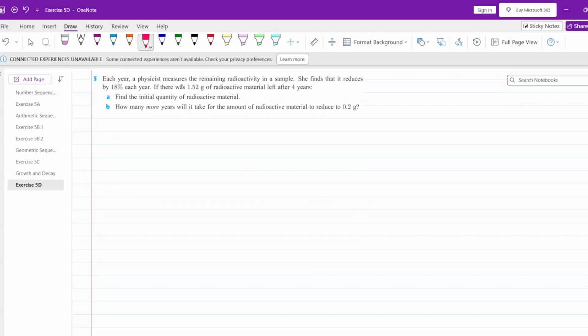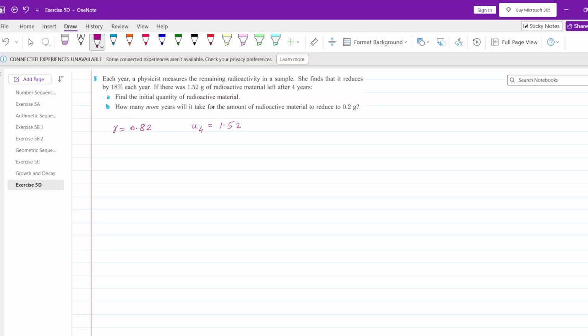Each year, a physicist measures the remaining radioactivity in a sample. She finds that it reduces by 18% each year. So reducing 18% each year means R equals 0.82. If there was 1.52 grams of radioactive material left after 4 years, so U4 equals 1.52.